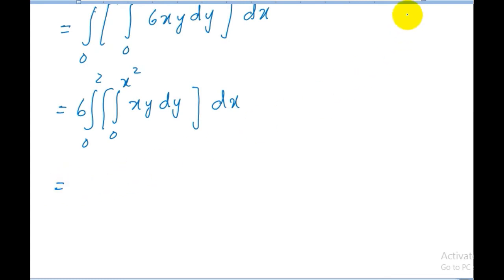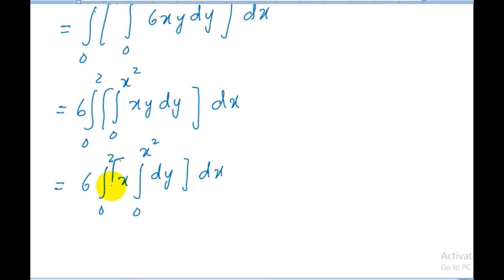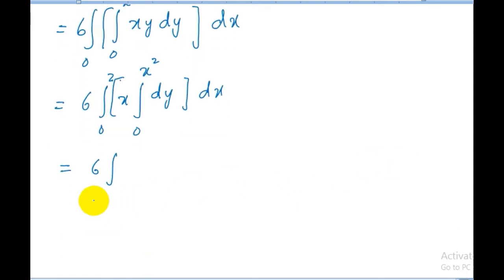As x is considered a constant, x can be taken out of the inner integral. So this can be written as 6 integration 0 to 2 of x times the integration of y dy.